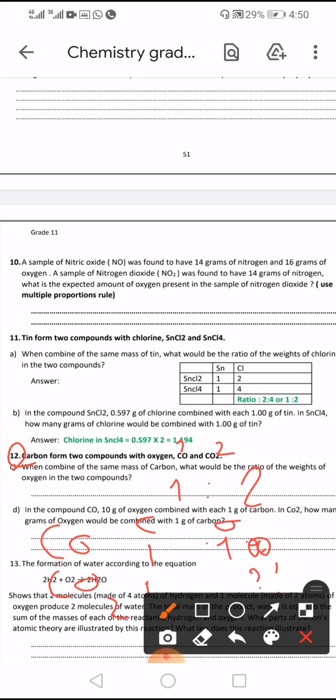So here we should multiply 10 by 2, as we have 2 oxygen in carbon dioxide at the ratio 1 to 2. So the answer will be 20.